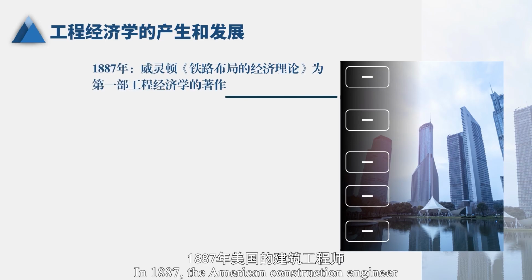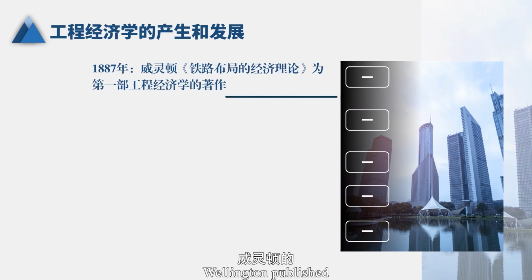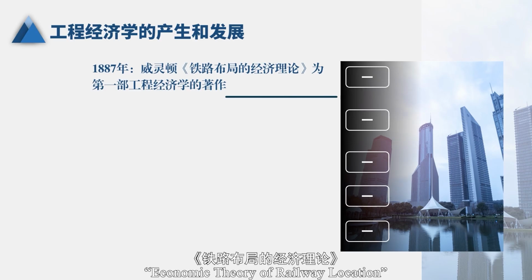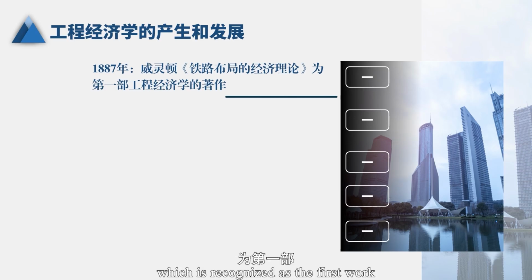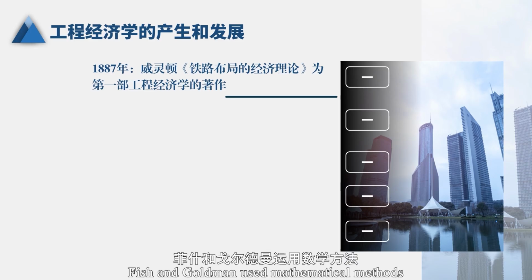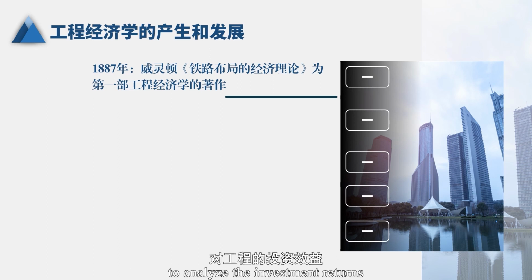In 1887, the American construction engineer Wellington published Economic Theory of Railway Location, which is recognized as the first work on engineering economics. In the 1920s, Fish and Goldman used mathematical methods to analyze the investment returns of engineering projects.